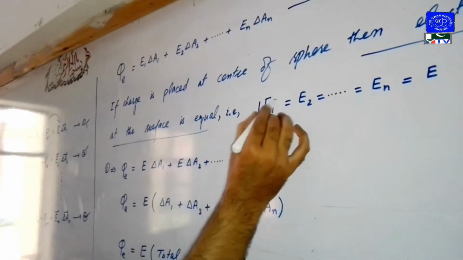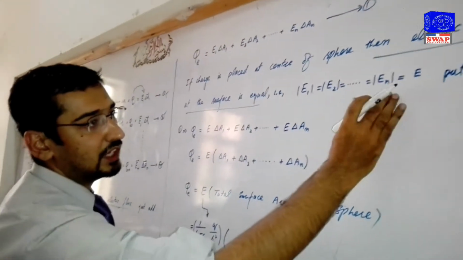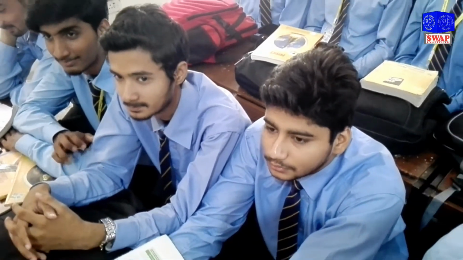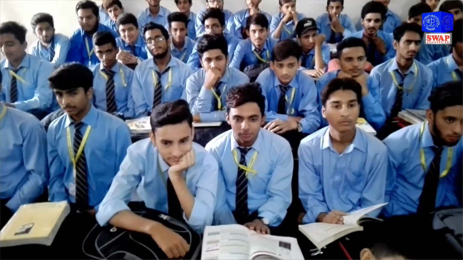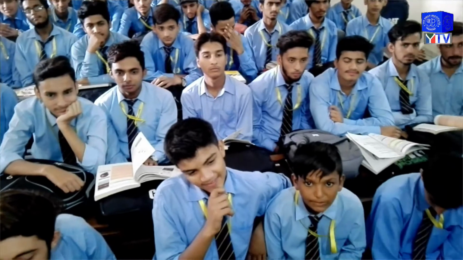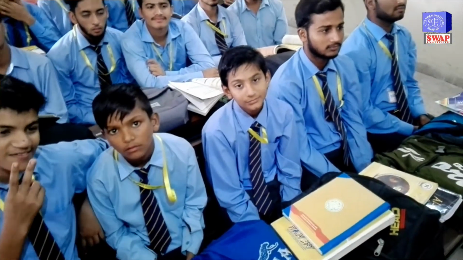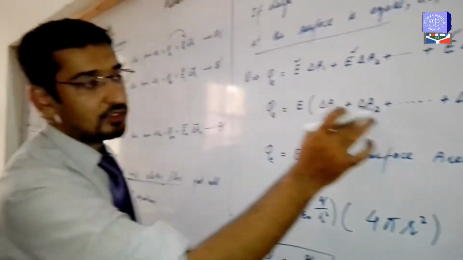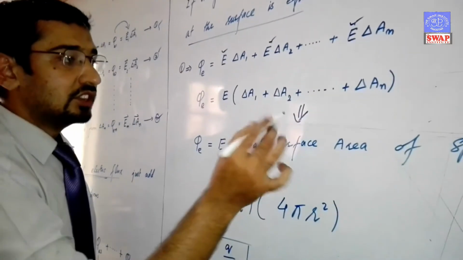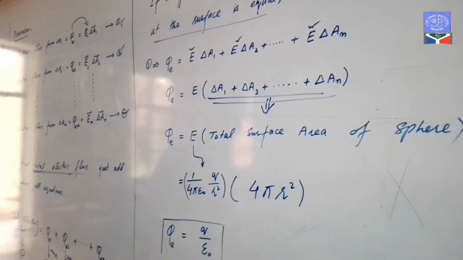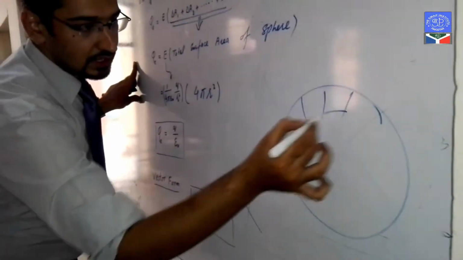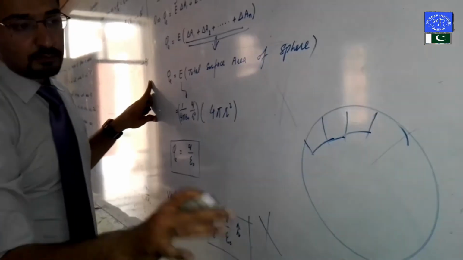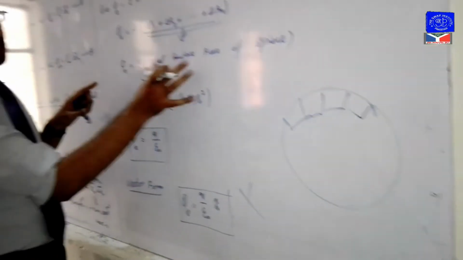The magnitude of E1, magnitude of E2 up to magnitude of En is equal to E. Okay, put these values in equation number 1, we will get E, simply E. Just take E common, and we will get E times delta A1 plus delta A2 up to delta An, and this one is the total surface area of the sphere, because these were the patches, and adding these patches will give us the total area of the sphere.